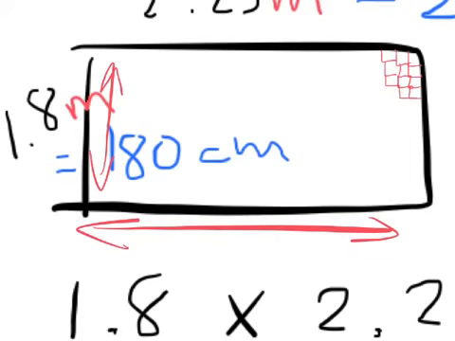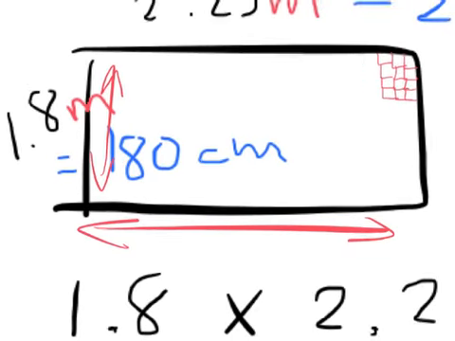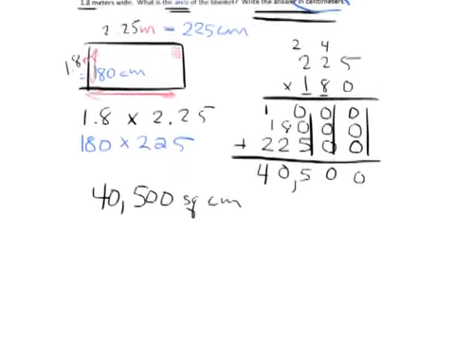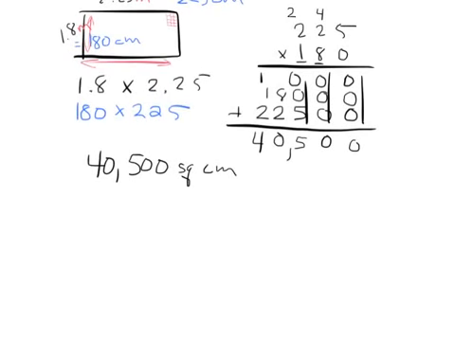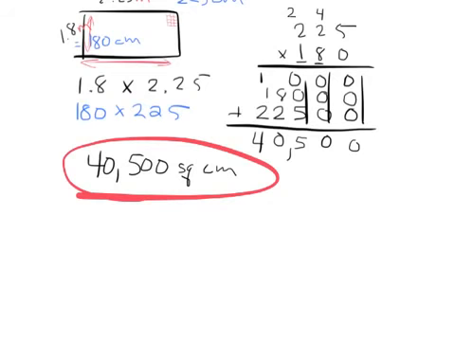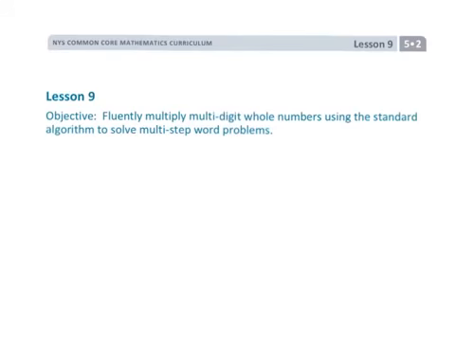That's a bunch of tiny little square centimeters. We're just going to leave the answer as 40,500 square centimeters. And so that is Lesson 9, where we are using the standard algorithm to multiply in order to find the solutions to some word problems.